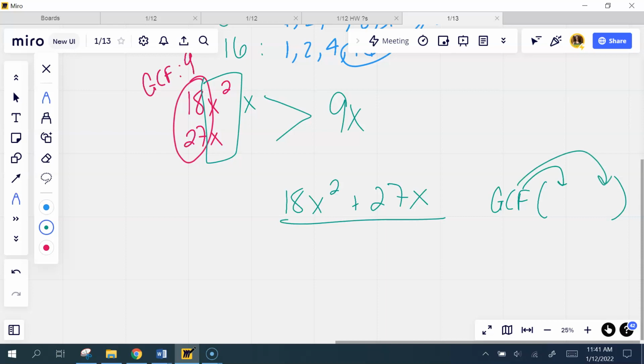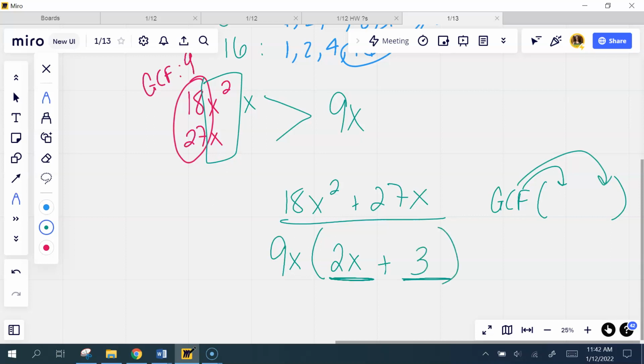So instead of multiplying, I'm thinking dividing. So if I put 9x on the outside, what would need to go here in order to make this 18x squared? And I hope you said 2x. And then what would need to go here in order to make this 27x? Well, it's already got the x, so I don't need another one, but I just need the 3.